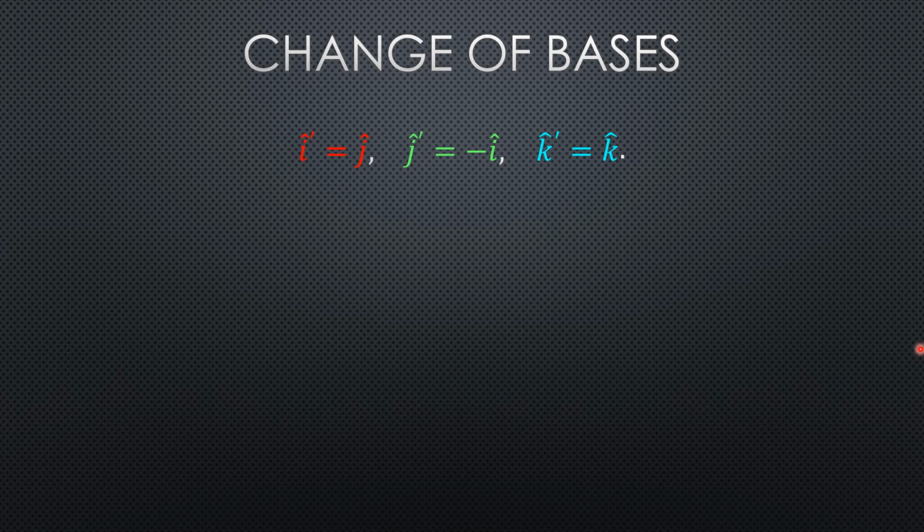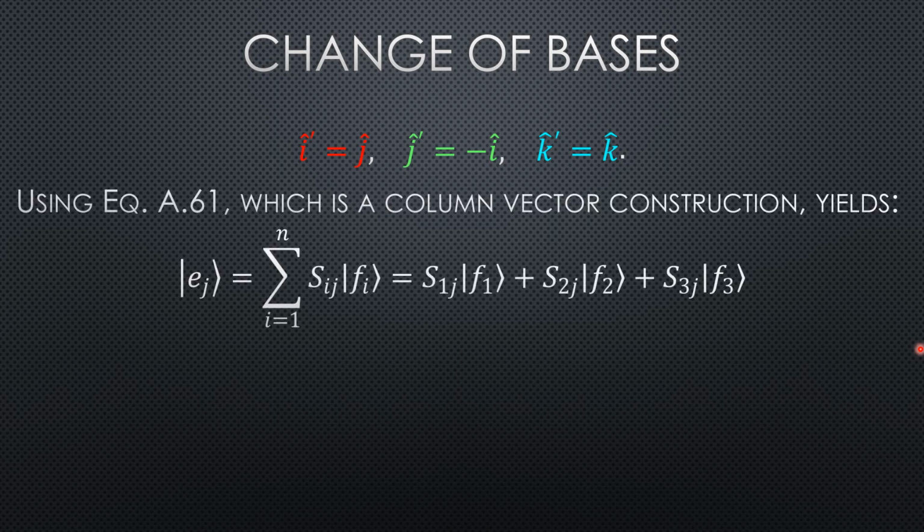What we can say is that from equation A.15, which is a column vector construction, we know that we can find the old bases in terms of the new bases and vice versa.